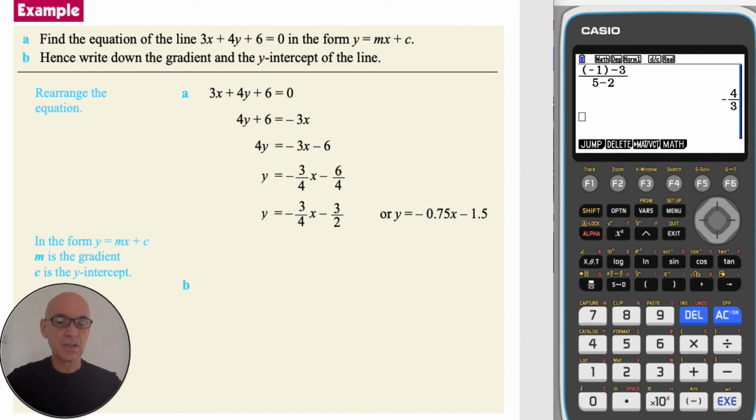As the equation is now in the form y equals mx plus c, we can state that the gradient m is equal to -3/4 or -0.75. And the y-intercept of the line, c, is equal to -3/2 or -1.5.